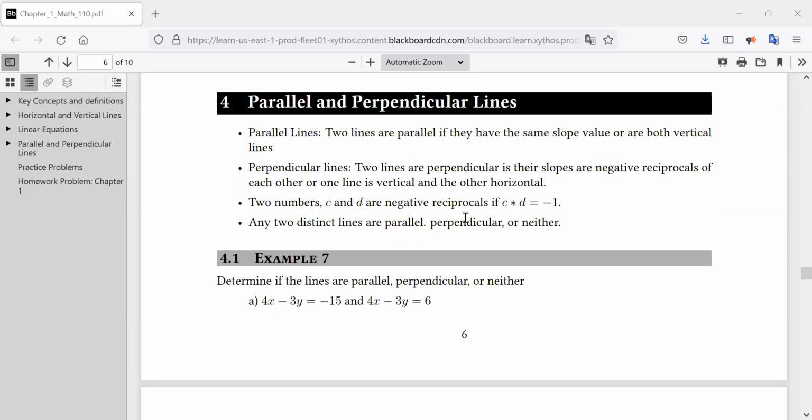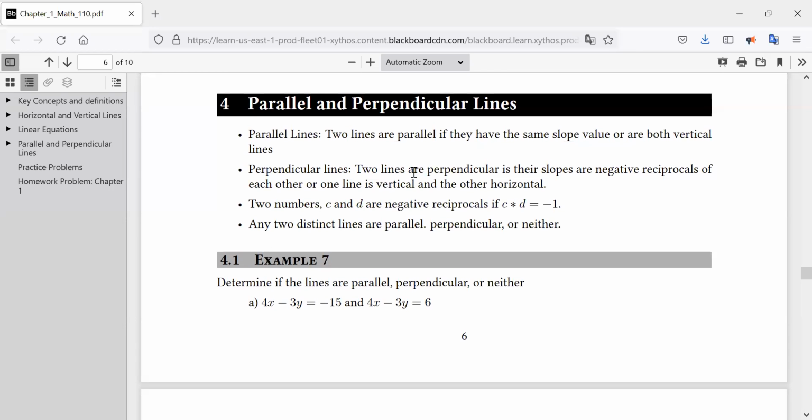So what's people's intuitive definition of a parallel line? It's going the same direction. Yeah, they go in the same direction. Another thing that often gets brought up is they'll never intersect, right? There's no value that they'll intersect at.